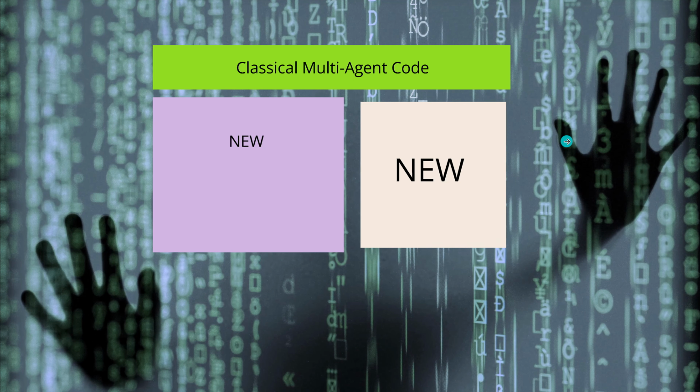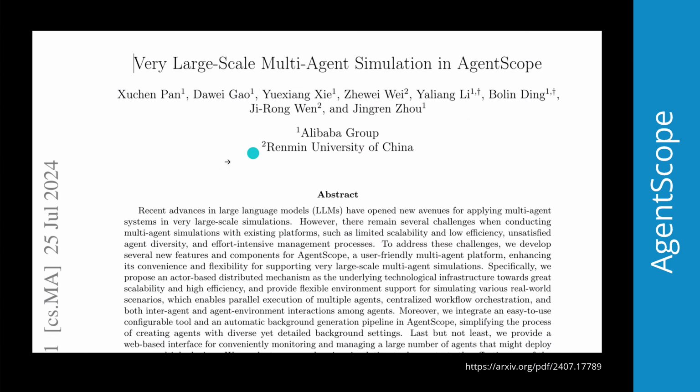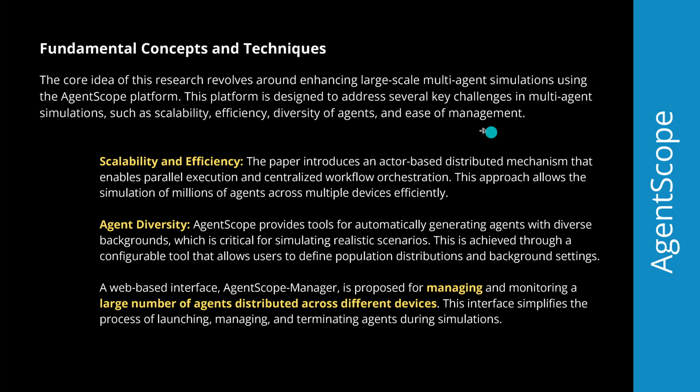But of course, there's also another brand new multi-agent framework, published end of July 2024 by Alibaba Group: very large scale multi-agent simulation in AgentScope. Now this is really similar in methodology, but it is based on another platform.